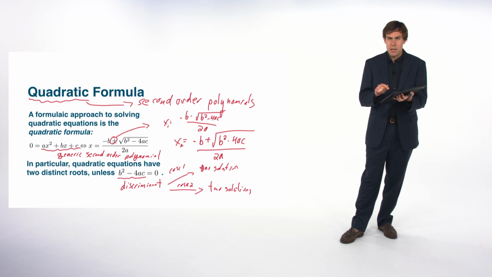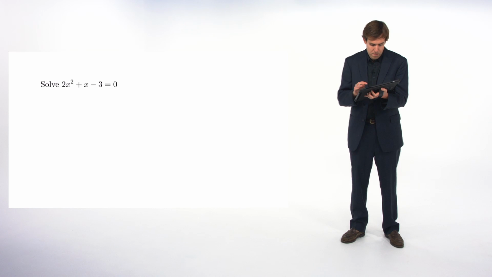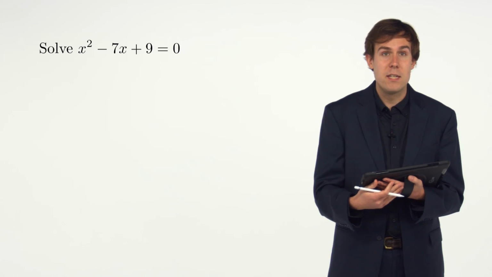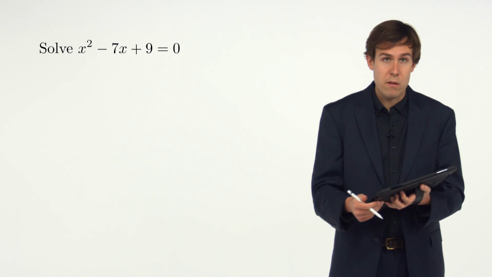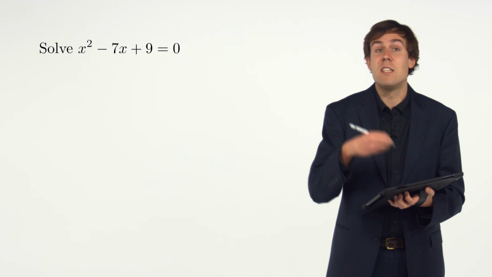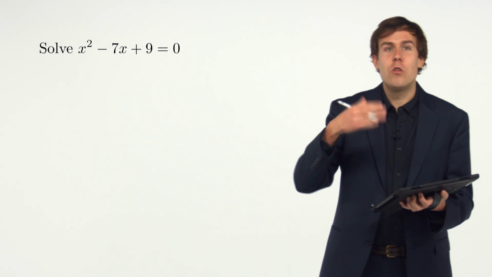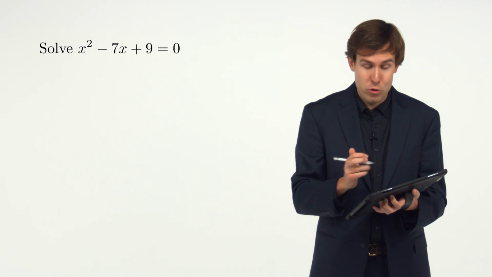So let's look at a few examples of second-order polynomials and using the quadratic formula. So here I have x squared minus 7x plus 9. All I need to do to solve this is to run these coefficients in the formula. So it's helpful, at least when you're beginning, eventually you get good enough to not have to do this, to write out what the coefficients are so that the substitution into the formula is more straightforward.